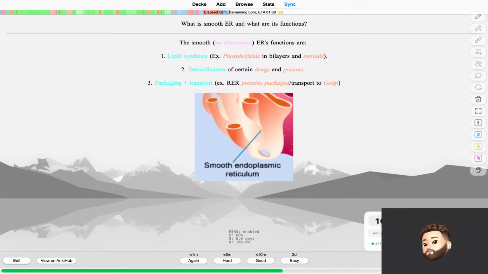I'm just going to change the question because it's not giving me the answer for that. What are the smooth ER's functions?